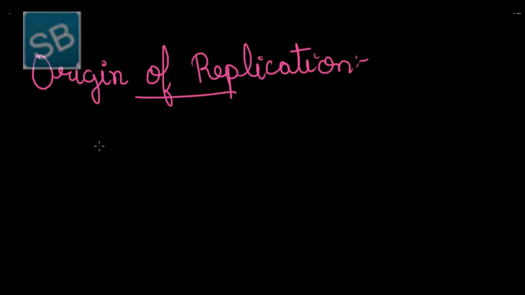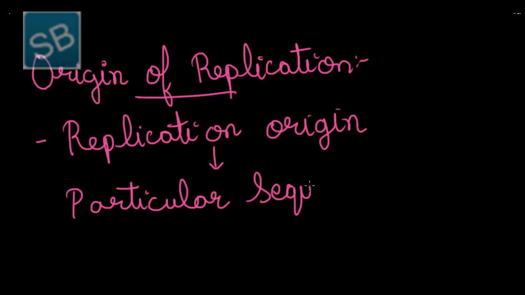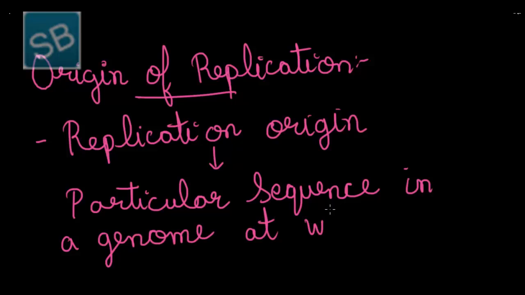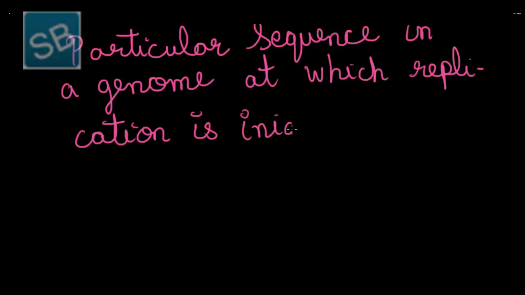Origin of replication, also defined as replication origin, is a particular sequence in a genome at which replication is initiated.